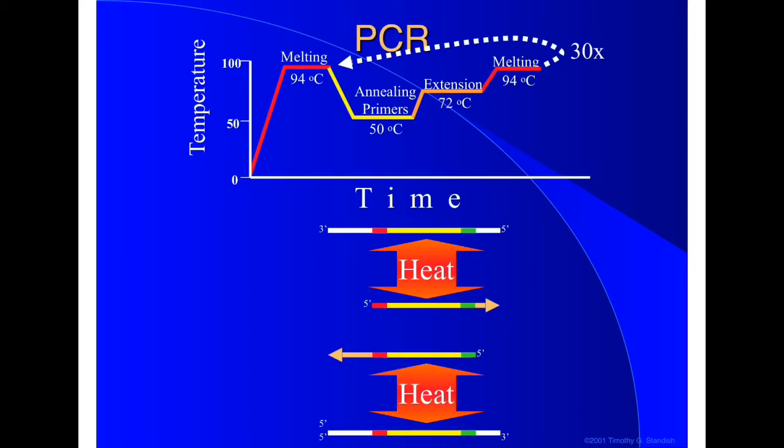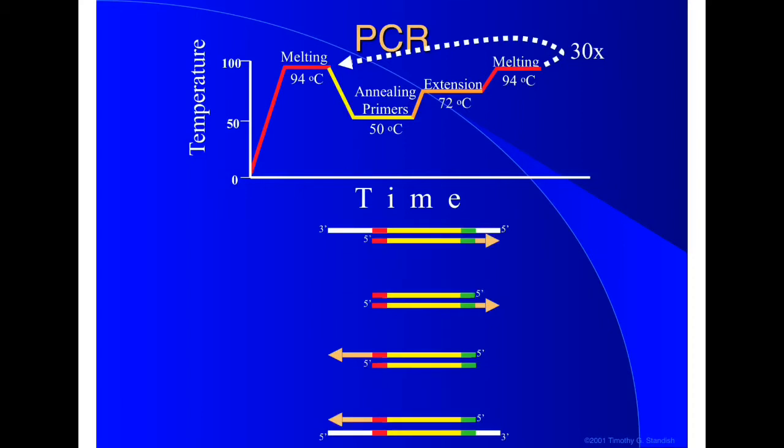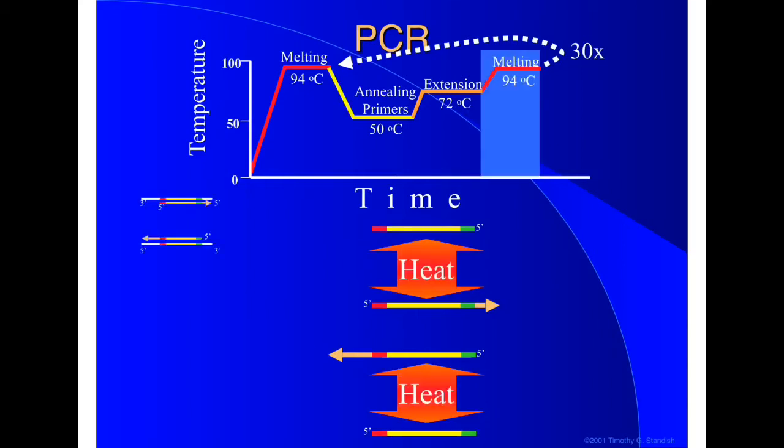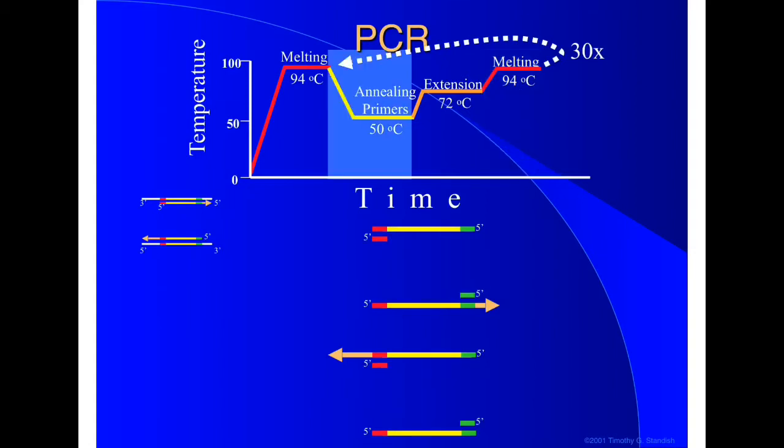After that we can do the extension at 72 degrees centigrade. The single stranded DNAs will be converted into double stranded DNAs within a certain time. So at the melting temperature, the two DNA strands will be separated by heating. It will be continued for several cycles.